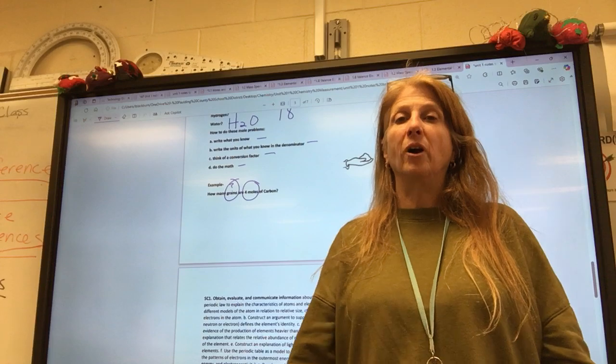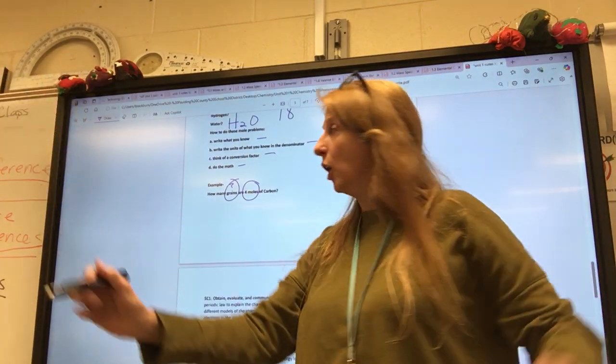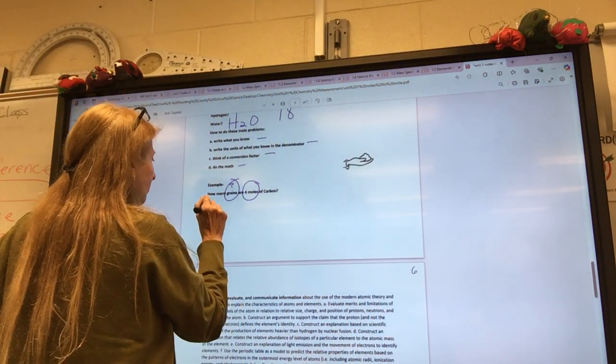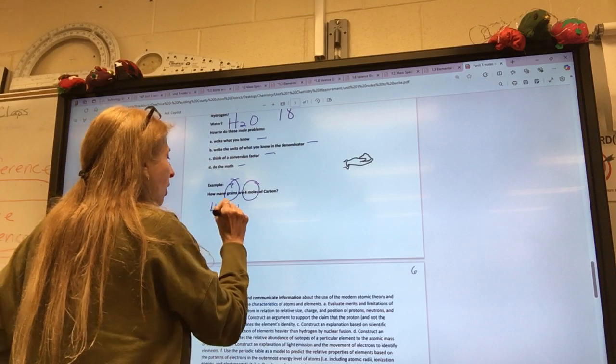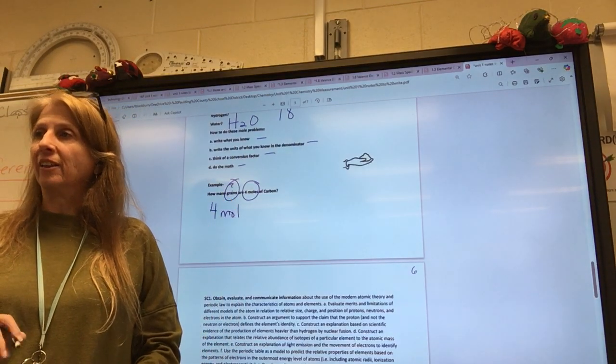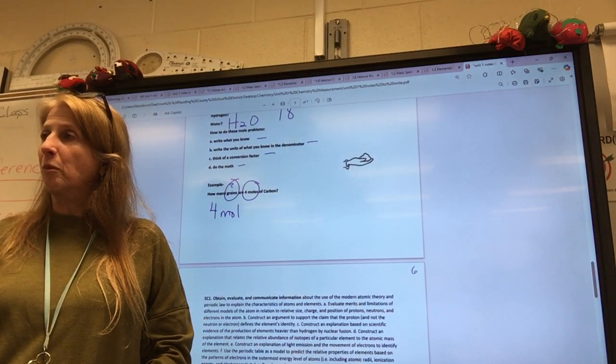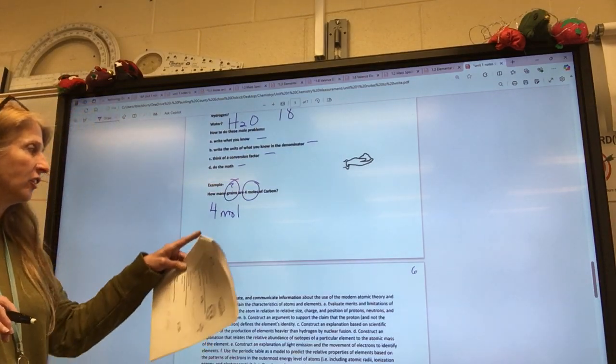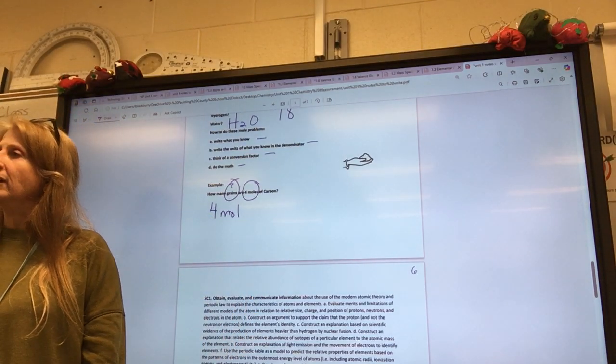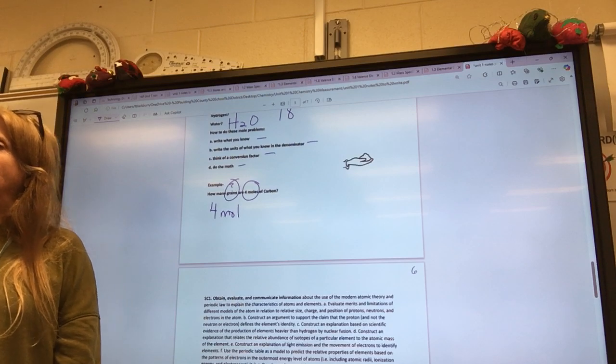I'm going to start with what I know, which is 4 moles of carbon. Now, a mole has an abbreviation. And this is one of the nerdiest things about chemistry. The abbreviation for mole, M-O-L-E, is M-O-L. Woo, get to rest your hand and not write that E.